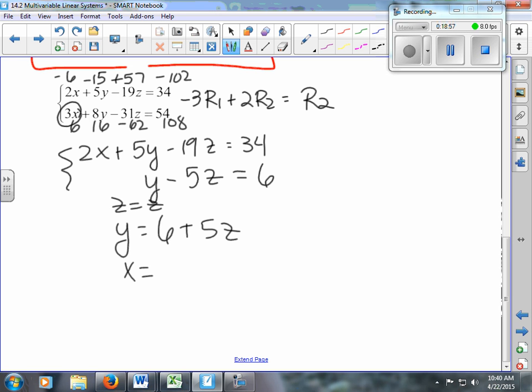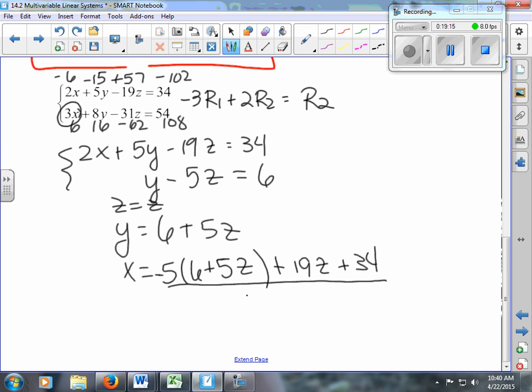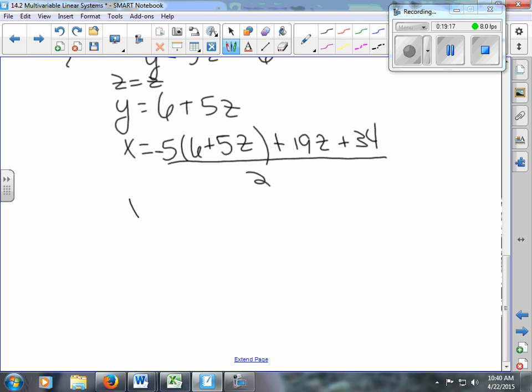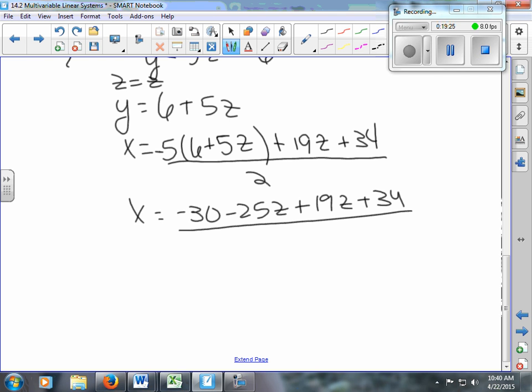And then x is going to be what we get when we solve the top equation. So it's looking like negative 5y once I subtract it over, plus 19z plus 34, all divided by 2. And so that's negative 30 minus 25z plus 19z plus 34 over 2.